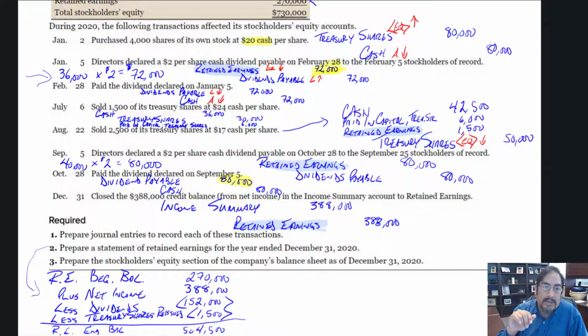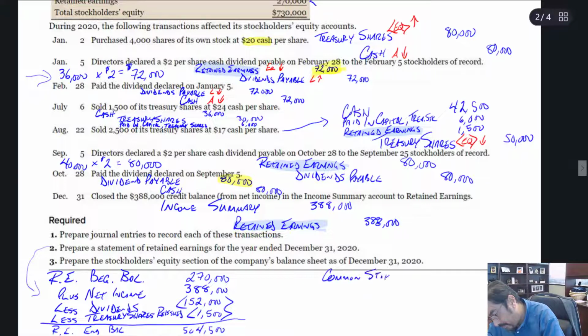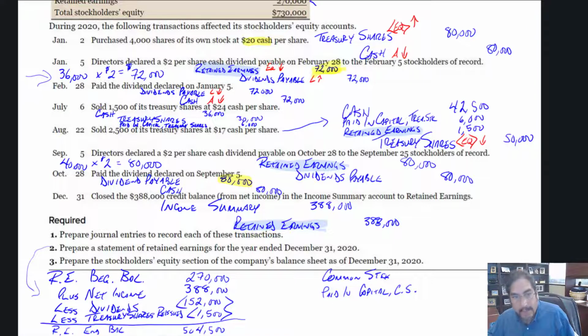And then retained earnings also goes in here. So we're going to put the common stock ending balance, the paid-in capital ending balance, and we are going to include retained earnings.